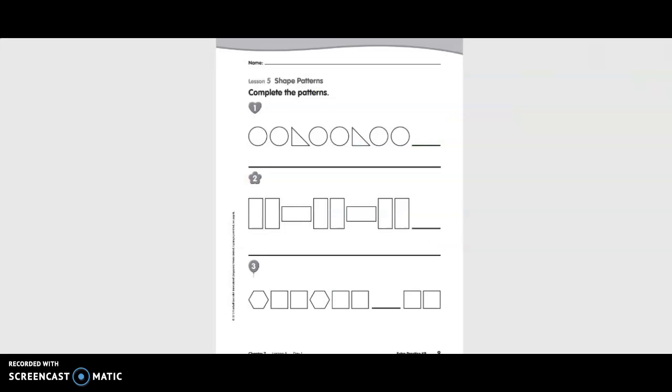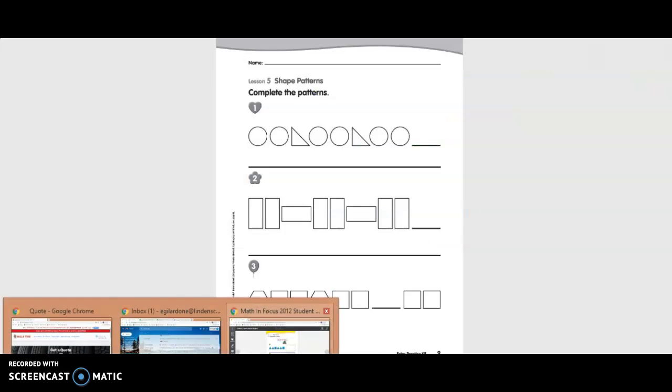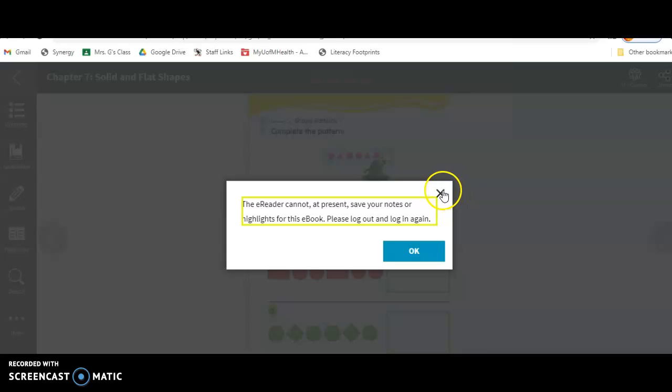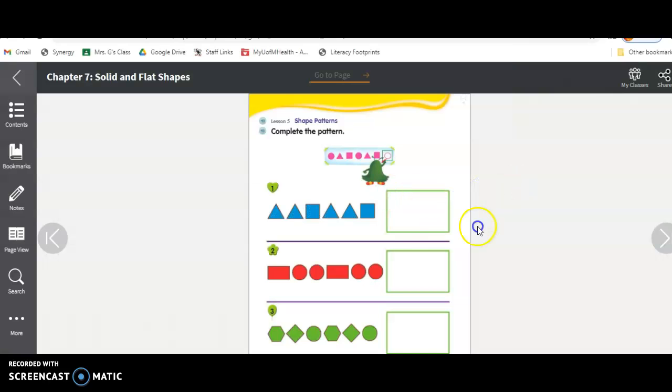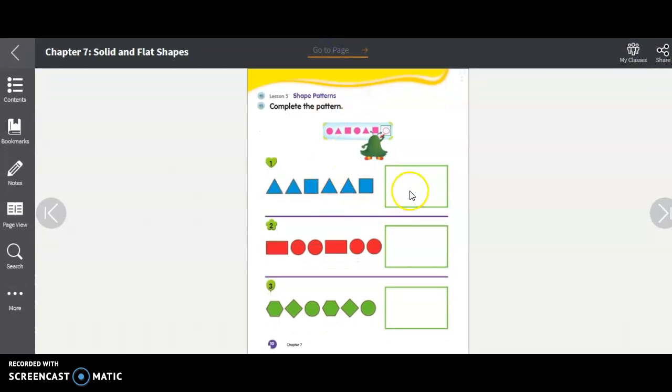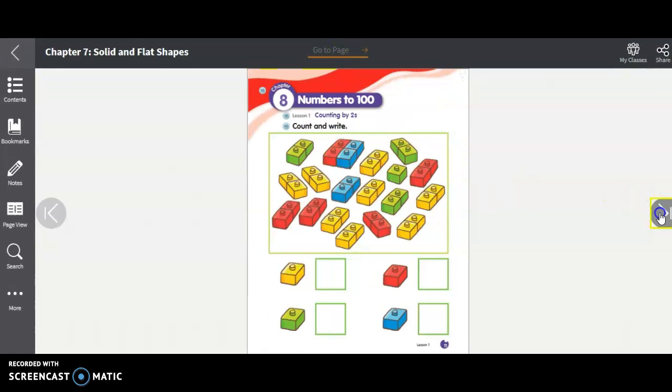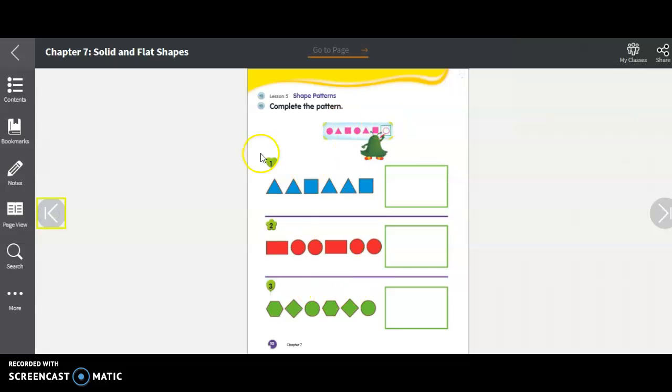All right, boys and girls, we are going to switch over to your pages. You have where you are filling in the patterns with what comes next. And that is the only workbook page you have today.